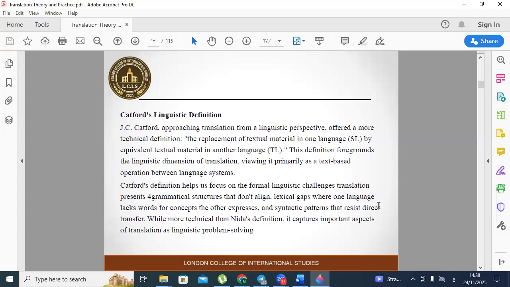Catford's definition helps us focus on the formal linguistic challenges translation presents: grammatical structures that do not align, lexical gaps where one language lacks words for concepts the other expresses, and syntactic patterns that resist direct transfer. While more technical than Nida's definition, it captures important aspects of translation as linguistic problem solving.